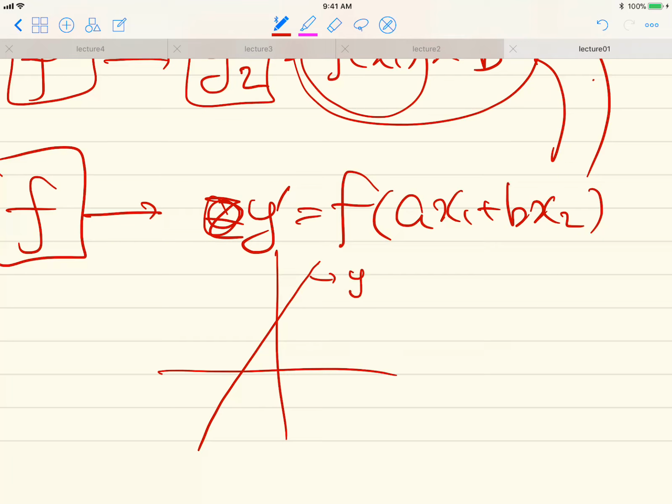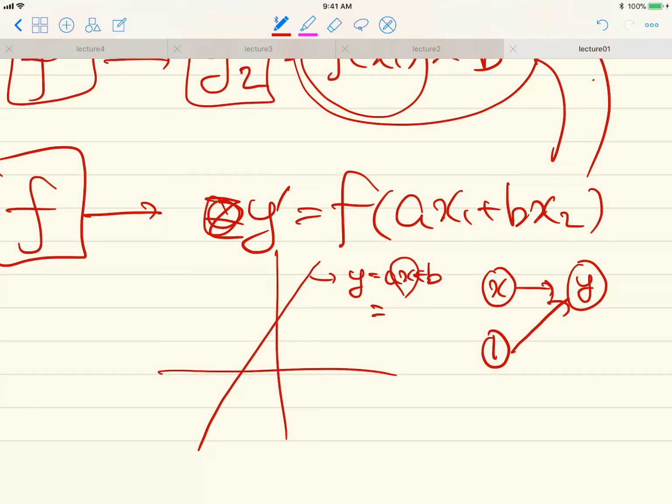Suppose this is our y equals ax plus b, with x as the input node and y as the output node. It can be viewed as a really simple neural net, maybe like 2x plus 3.